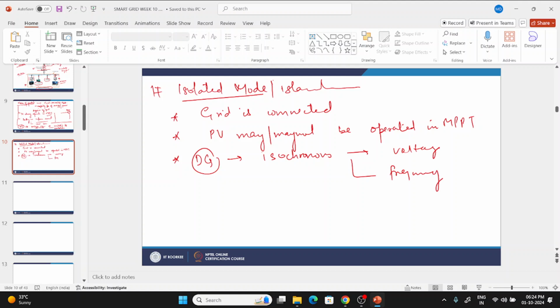Why frequency support now? Because the grid is not connected over here, so the diesel generator has to provide the frequency support also, because in an islanded microgrid our frequency should not go below an operating limit.